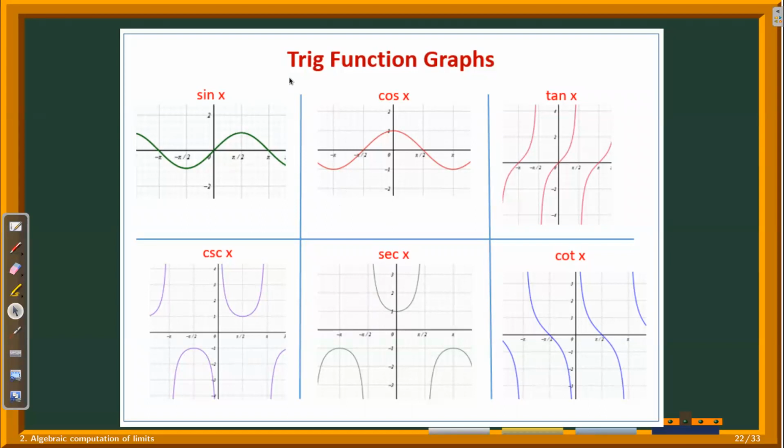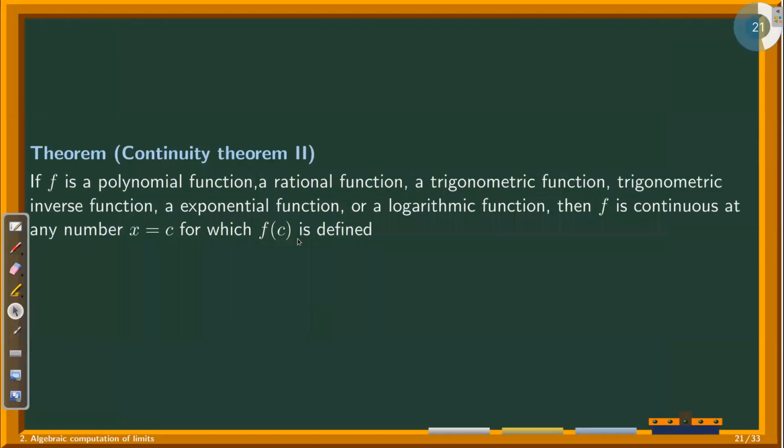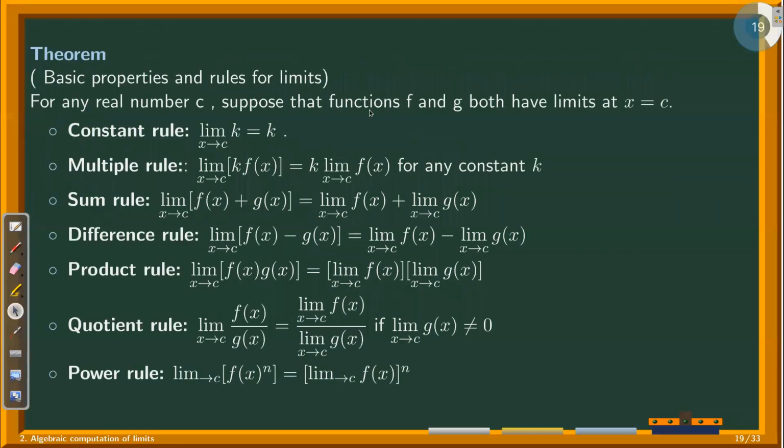So if your function is in the list given by the continuity theorem 2, you can directly plug in to find the limit. If that function is not in the list, you apply one of the rules from here to break it down to a limit of a function in the list.